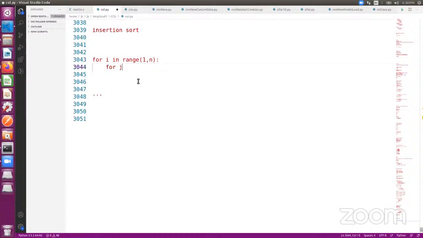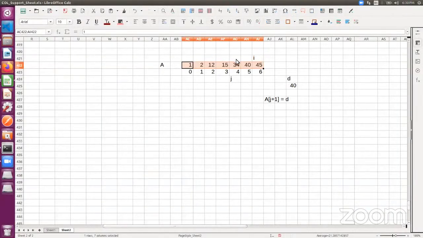And the j loop, what is the start of the j loop? It is going in reverse. So what is the start? The end is 0.